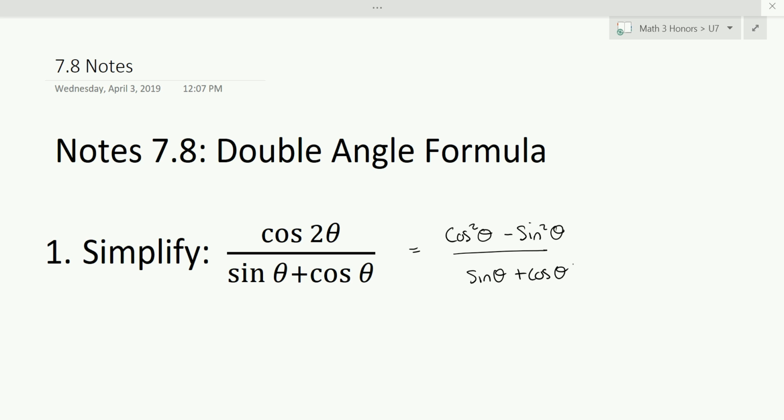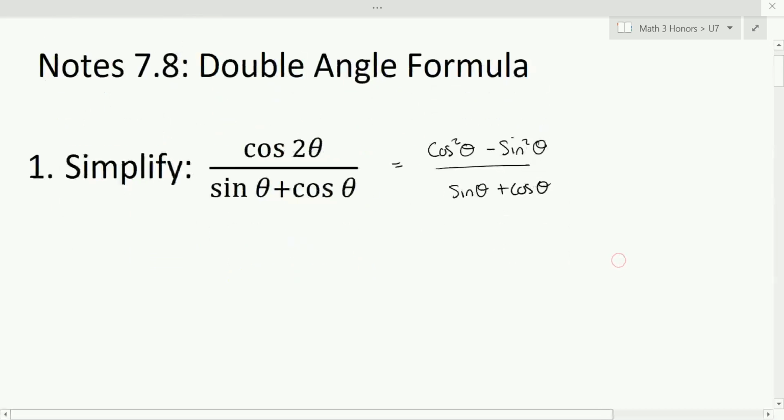So now we're back to lesson 1. Okay, so how do we simplify this? Difference of 2 squares. So factor. Factoring is a technique we can use.